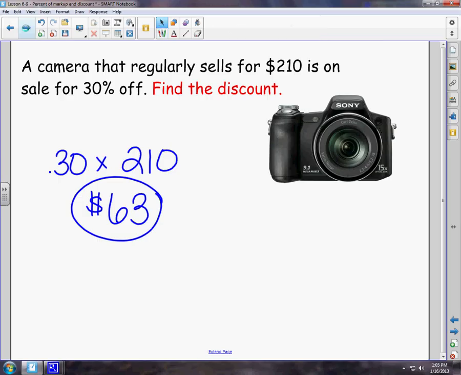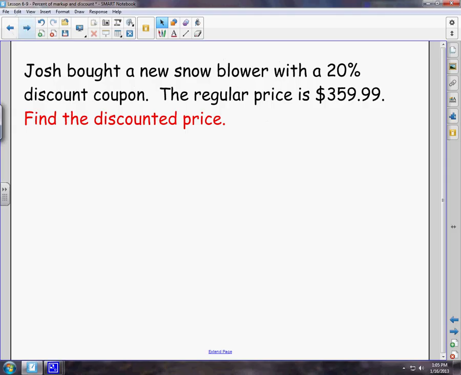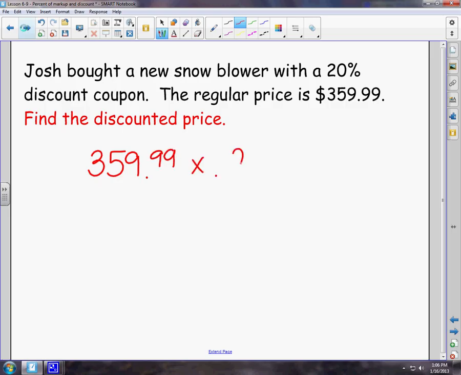Josh bought a new snowblower with a 20% discount coupon. The regular price is $359.99. Find the discounted price. Try this problem, and then we'll correct it. You start with the price of the snowblower, $359.99 times 20%, and that equals 71.998, so it would be $72.